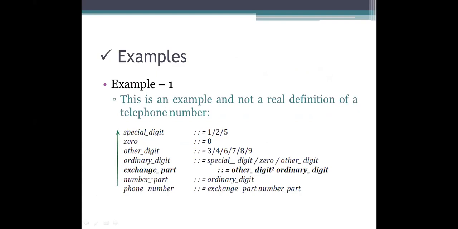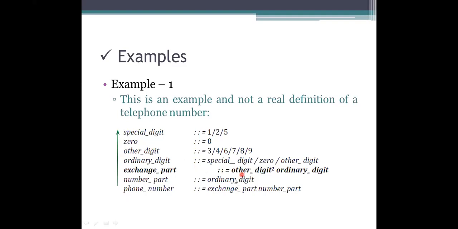Why is it called the bottom-up approach? See here, the foremost definition we are using has been specified at the underneath. To get the values of this one, I am reading the grammar from bottom to up.